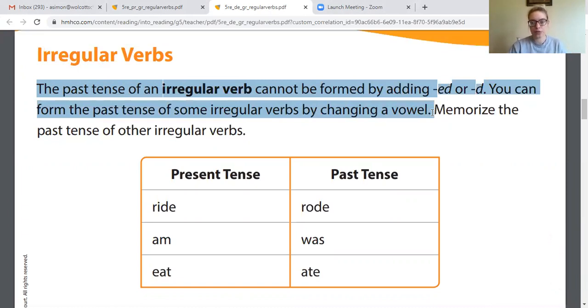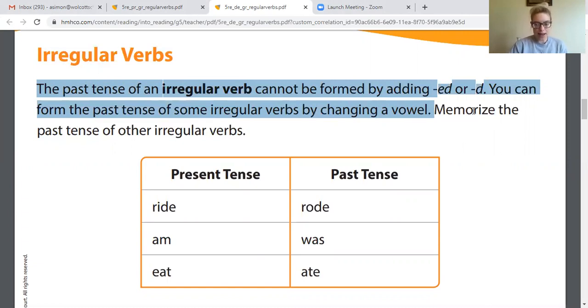Irregular verbs have really no set rule to them. A lot of them you're just going to have to memorize the past tense of. So go ahead and write that down in your notes. The past tense of an irregular verb cannot be formed by adding ed or d. You form the past tense of some irregular verbs by changing the vowel. Move me down a little bit so you can get that all down.